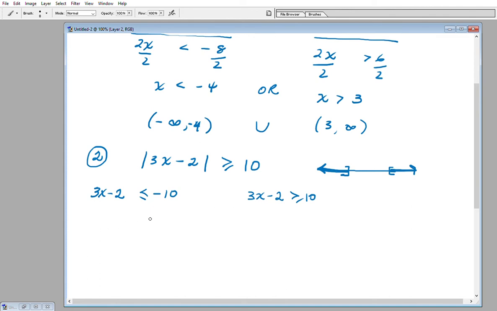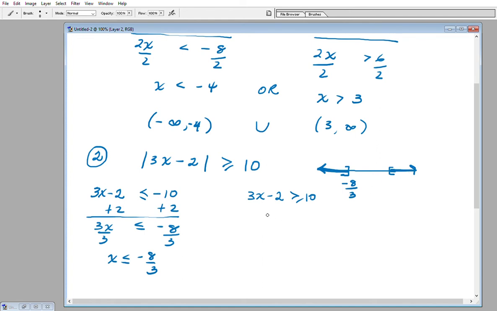Okay, and now let's just solve these. And now divide by 3. Okay, that's the less than side, so that's this one. This one's going to be minus 8 over 3. And now let's do the greater than, that'll be this one.